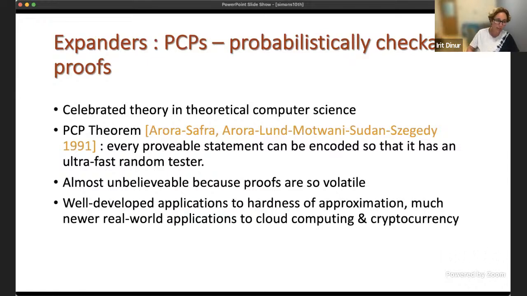I'm not going to go into all the details, just to say that we have a very well developed theory around this and many, many applications, both to optimization, to prove hardness of approximation, and even to much more modern real-world applications to cryptocurrency and cloud computing, where you have this asymmetry between the cloud that has a lot of computing power and your mobile phone, say, that has small computing power, and you want to check that your cryptocurrency is being constructed correctly, and you want to do this without spending too much computation power, so you use these kinds of PCPs.